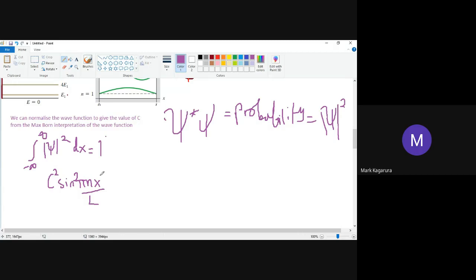You can use brackets to make your life easier. Our limits are definitely from 0 to L, not from negative infinity to positive infinity. If we integrate that with respect to x, we should have a 1.